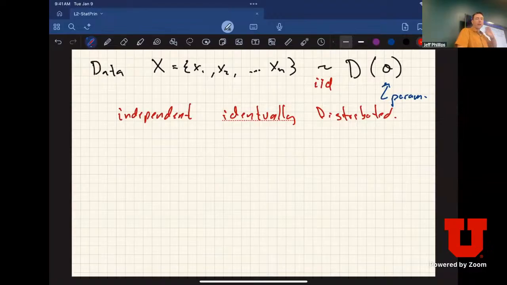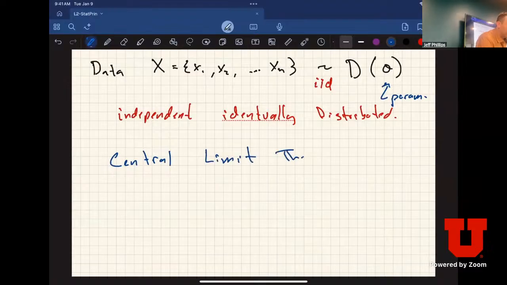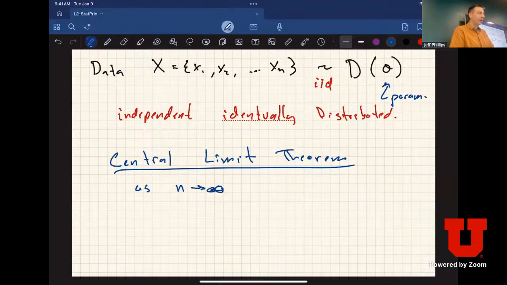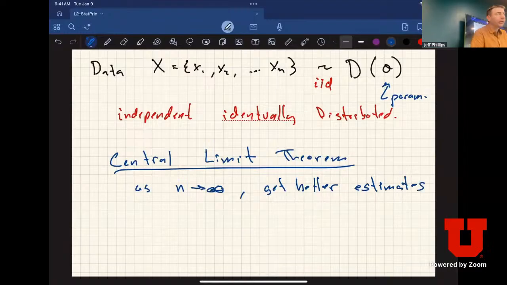If you've taken a probability class or a statistics class, the main premise is the central limit theorem, which I'm going to state very generally: as n goes to infinity, you can get better estimates.